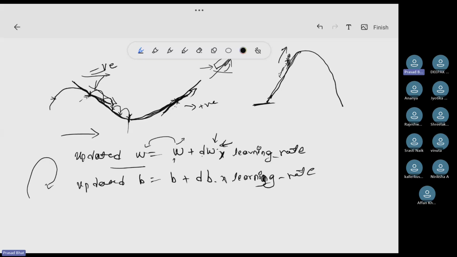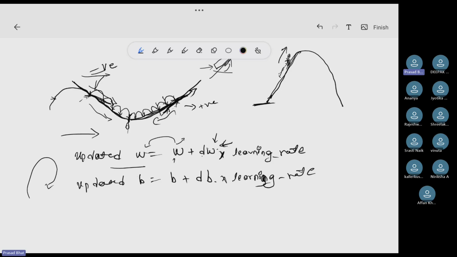In the same way, here also, you jump from here to here, the W value has changed. Then maybe it is not good enough, so you change again, and again, taking small steps and coming to the optimal point. Step by step, you are descending the hill, either in this direction or in reverse direction. That is why we call it the gradient descent algorithm.